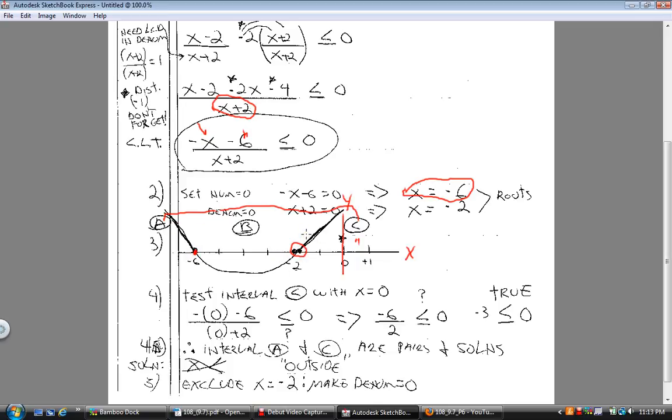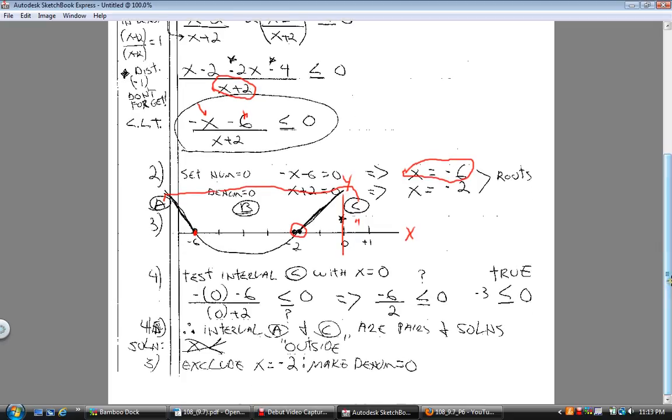Now we come down here and graph them. We know the vertex is going to be below the x-axis, which doesn't really matter, so we draw our pseudo parabola, and now we go ahead and do step 4. We're going to test with x equals 0. We are in interval C. Again, I keep reminding everybody, watch the interval that you're testing.